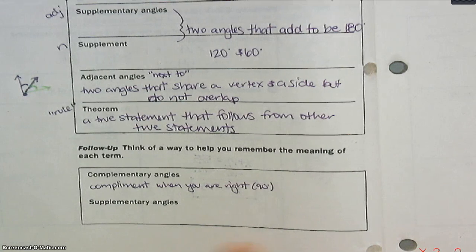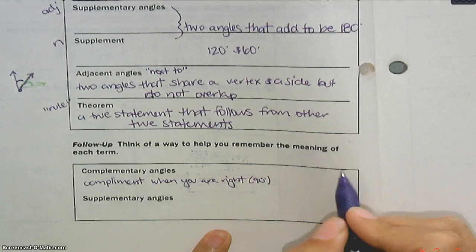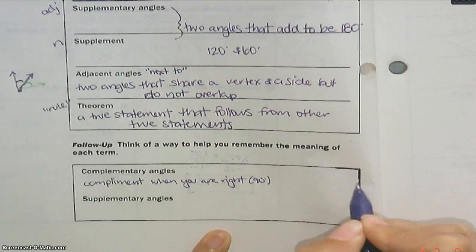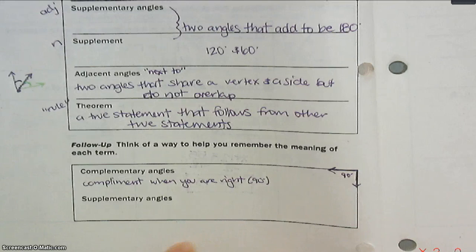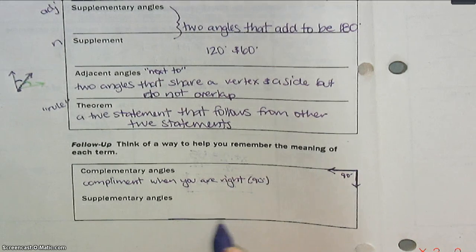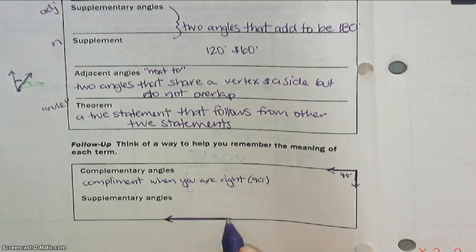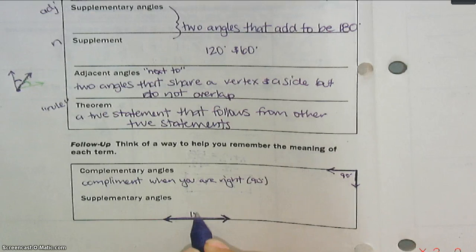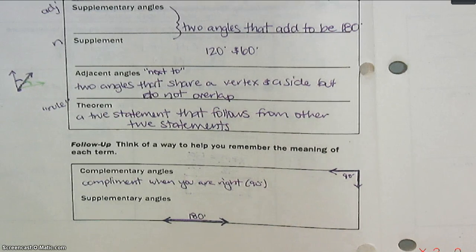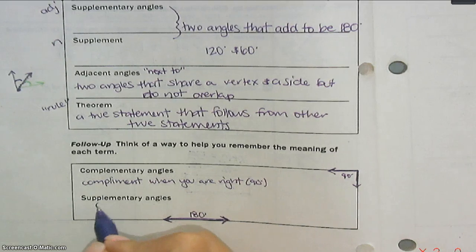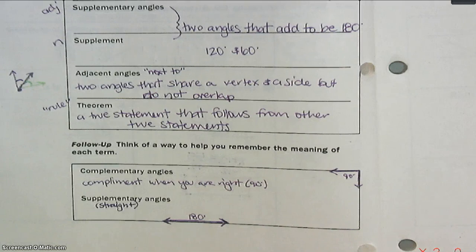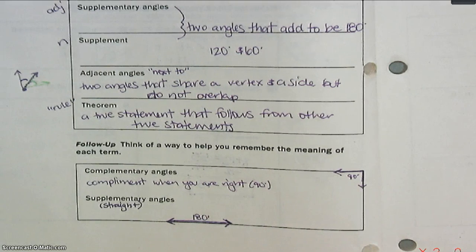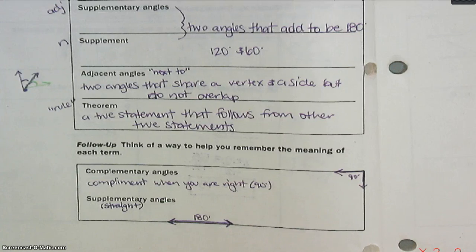Another way I've heard is remembering complementary corner, because in a corner there's 90 degrees, and supplementary side, because there's 180 degrees in the side. Or maybe supplementary straight, because straight has 180 degrees in it. Those are ways that help me remember the difference between complementary and supplementary.